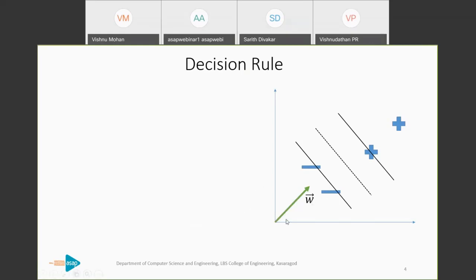When you draw this vector W, it should be perpendicular to the median line of the street. That is the only constraint here. We don't know anything about the length of the vector. There's no idea.